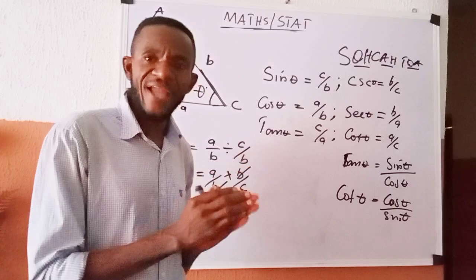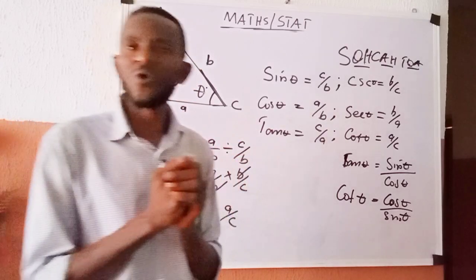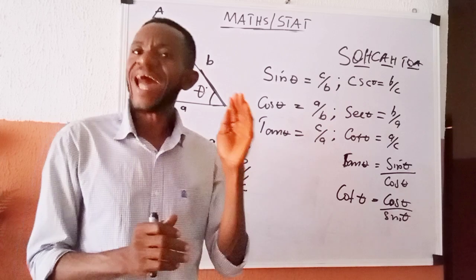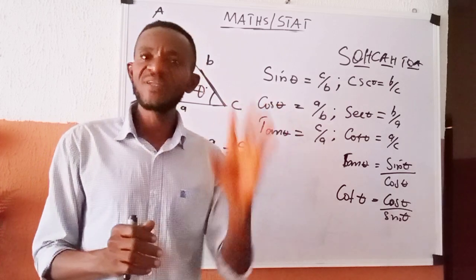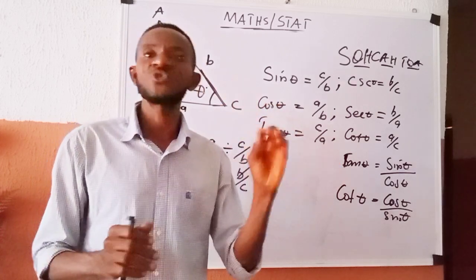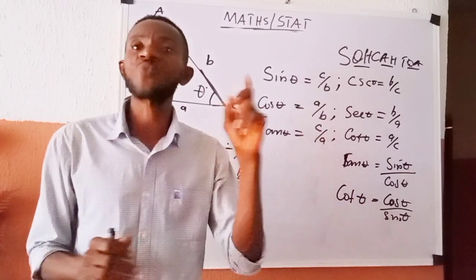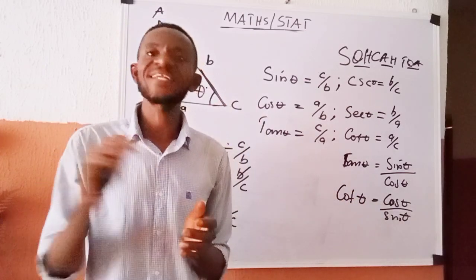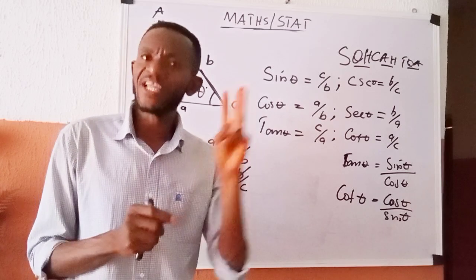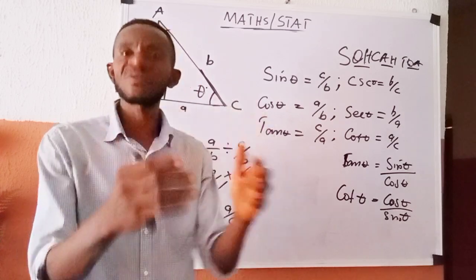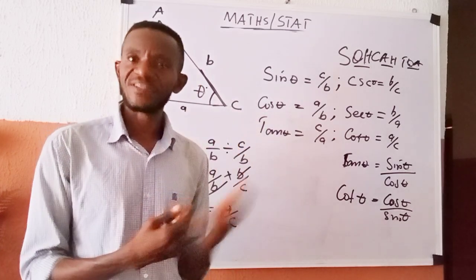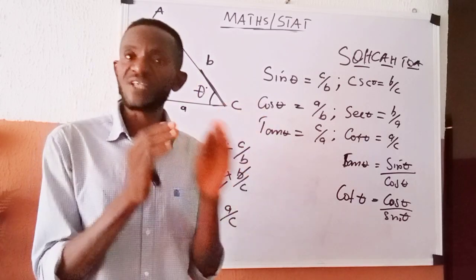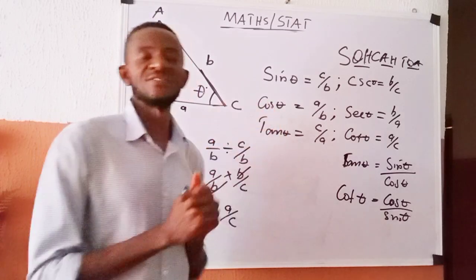So with this in mind, we go into what we call trigonometric identities. There are three basic trigonometric identities that we should be looking at. The first one is called the Pythagorean identities. They are three in number. That is what we are going to look at today, to see whether we can prove the Pythagorean identities.